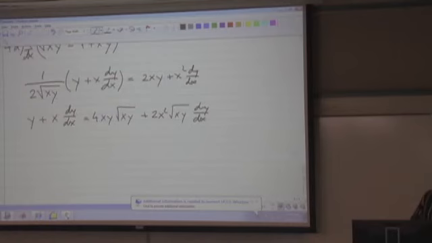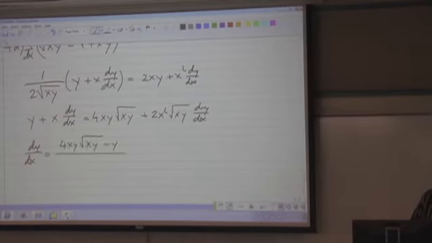And from here, can I just write the answer? dy dx is 4xy square root of xy minus y divided by x minus 2x squared square root of xy. Is that what I have, or do I have them the other way around? I managed to match the answer.